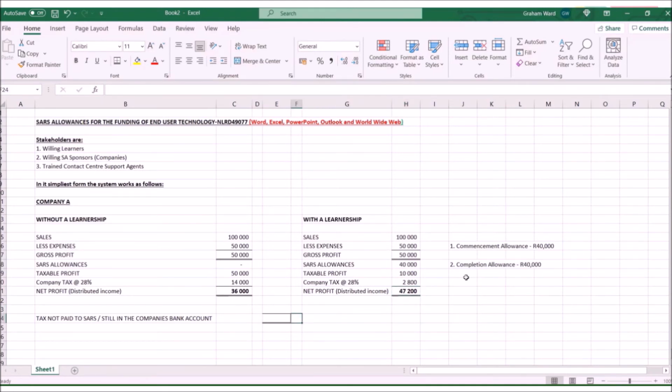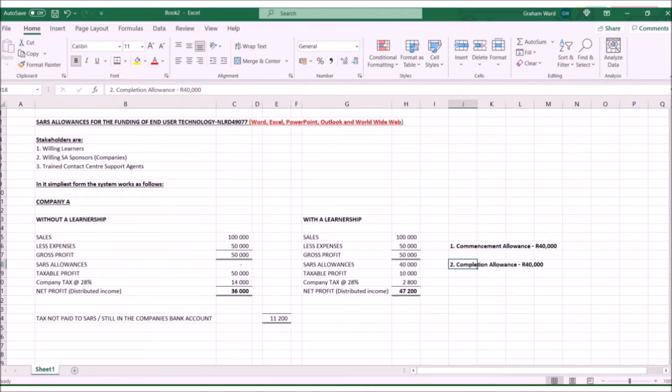So what this means is if I subtract the two from each other, the net savings for the company is effectively 11,200 Rand. But you'll note that we've only embarked on this 40,000 Rand commencement allowance. We're still able to claim the completion allowance as a company once the learner is certified.